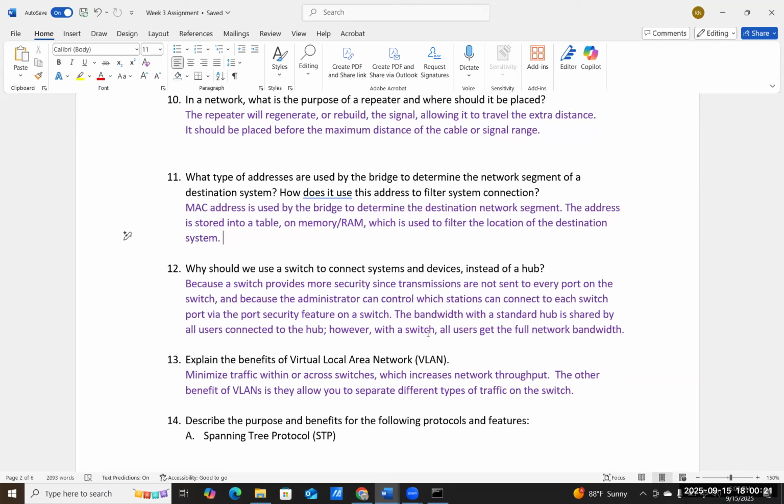So when we say virtual local area network, what does it really mean? It really means that we take a group of physical ports on the switch and we can group them for the virtual local area network. So for example, I have a 24 port switch. I can take 10 of the ports, port 1 through 10, and use that to create a VLAN, okay, for a department like finance.